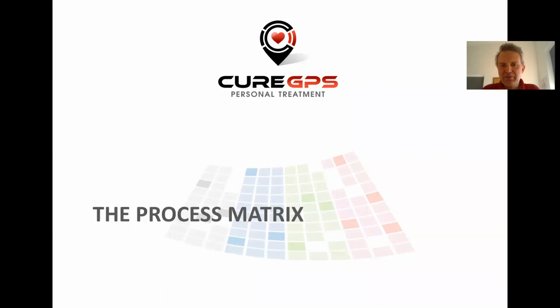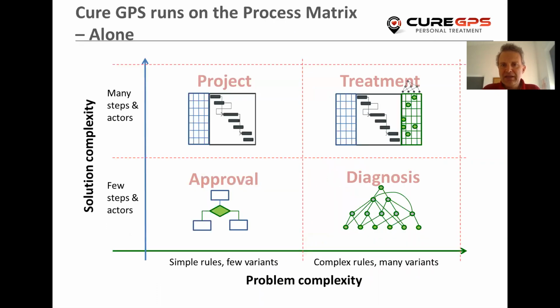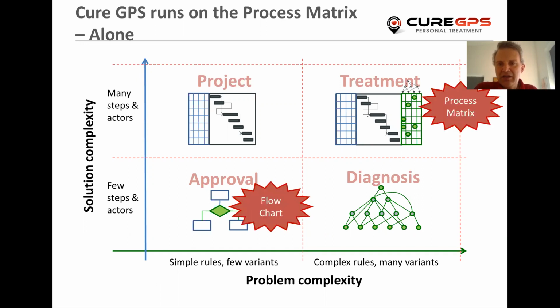First of all, the process matrix is, as you might know, a tool that resides in the quadrant of high problem complexity and high solution complexity at the same time. So it combines many rules and many variants, which is the breast cancer, with many steps and many actors, which is the treatment for breast cancer.